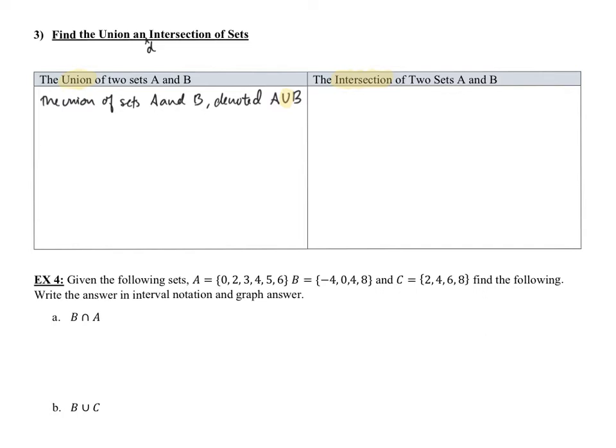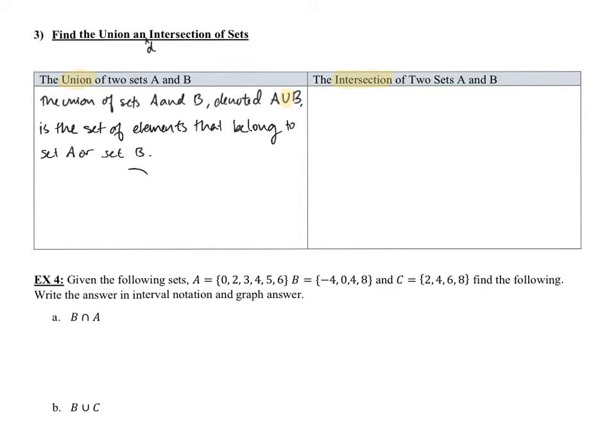What is this? Well, this is the set of elements that belong. That's supposed to be belong. Let's change that. Belong to set A or set B. Okay?